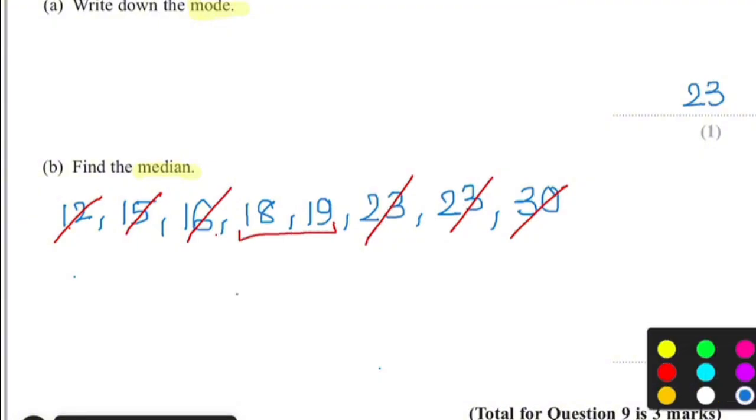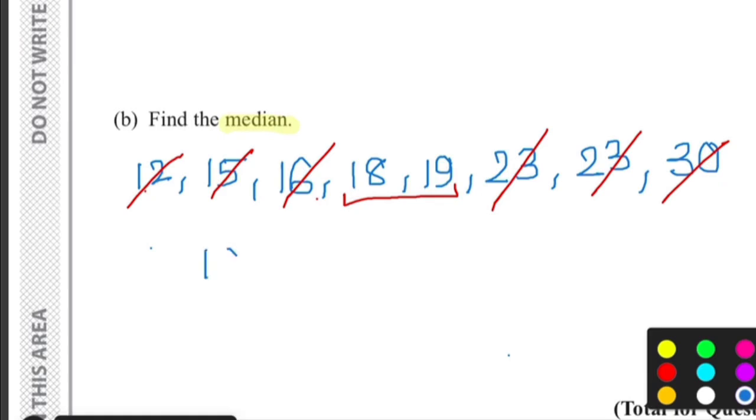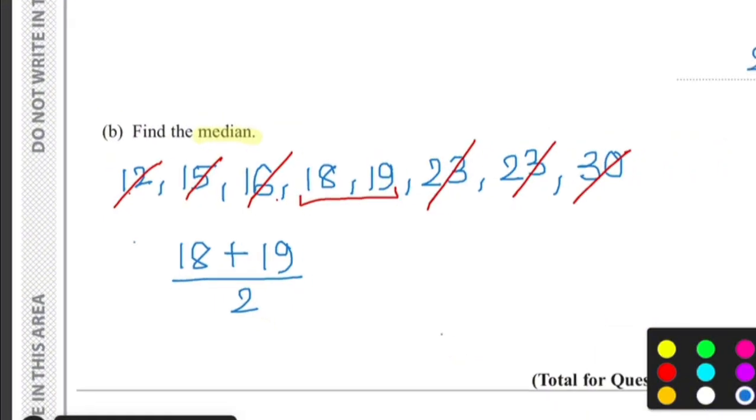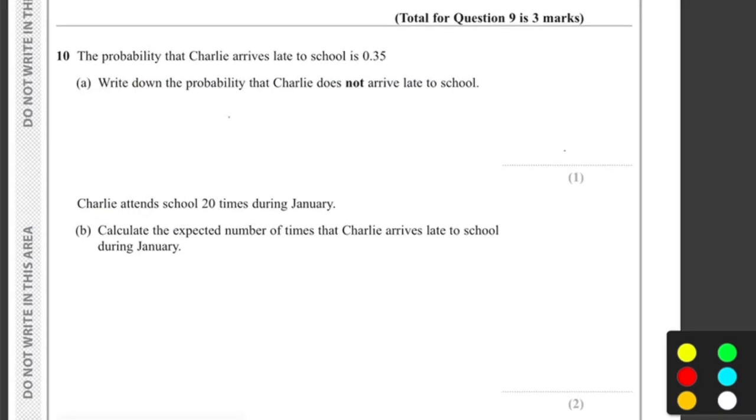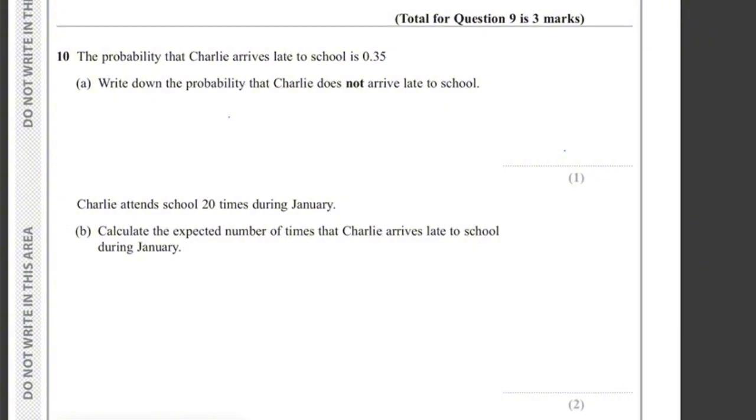So to find the median, we're just going to add 18 and 19 and divide it by 2, 18.5, which is the answer. 18.5. We already have a point there, so I'm just going to use it. 18.5.